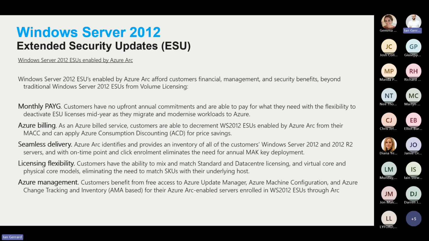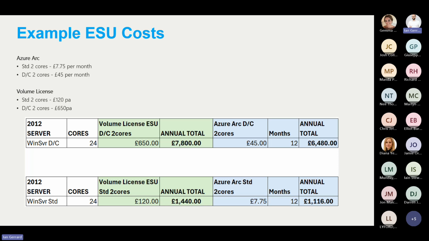But Microsoft are now forcing the issue by removing some of the traditional kind of yearly options. It's a good example of ESU costs. So when you look at it, you think, well, actually, I've got a data center server where it's got 24 cores. I'm just going to buy that annual license, and that's going to be £7,800. You do exactly the same with Azure Arc, and you're looking at about £1,000 saving a month.